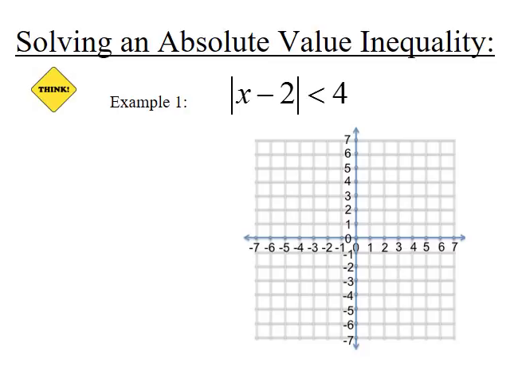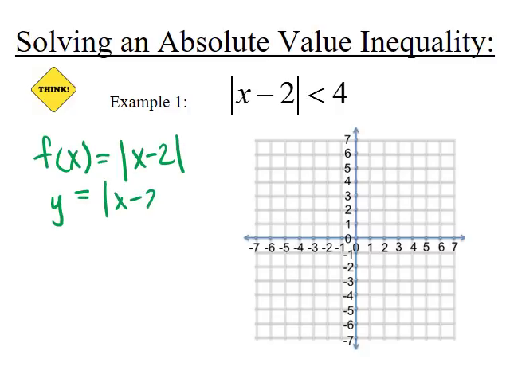Now you don't have to jot this one down, but I definitely want to clarify how solving algebraically relates to graphing, so pay attention. As before, I could rewrite this absolute value of f of x equals the absolute value of x minus 2, which is the same as saying y equals the absolute value of x minus 2.